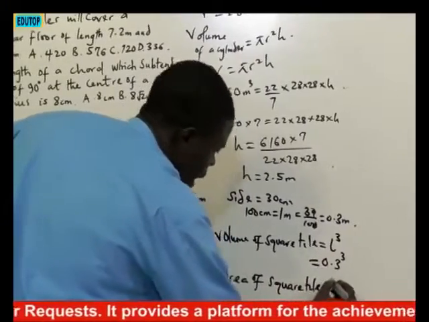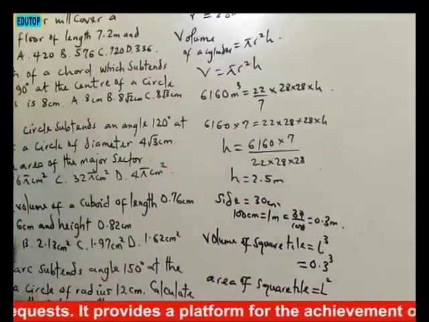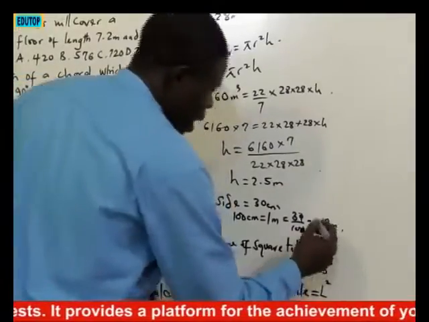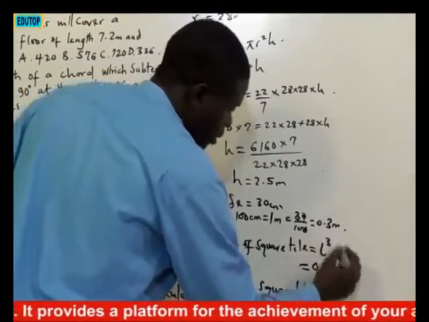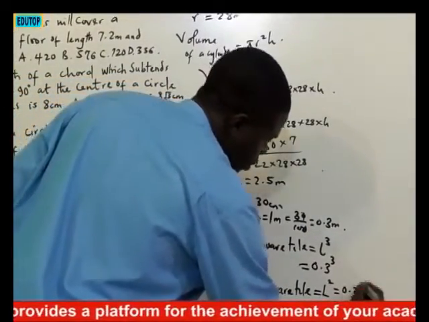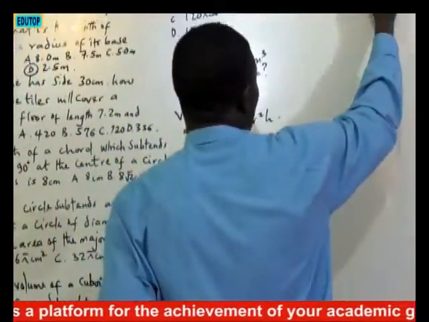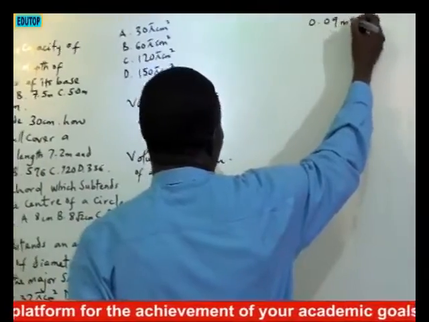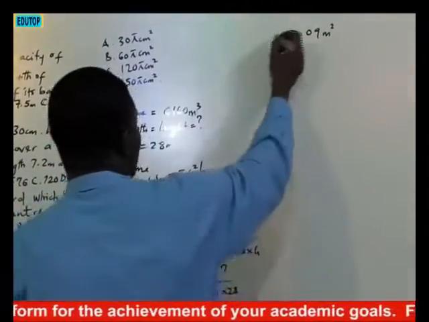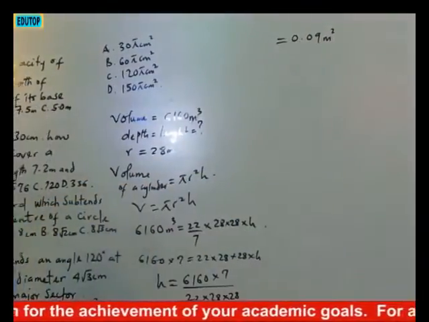What's the area of a square? L square, and since our length is 0.3, it will be 0.3 square, and 0.3 square will be 0.09 meter square. So this is the area of the tile.